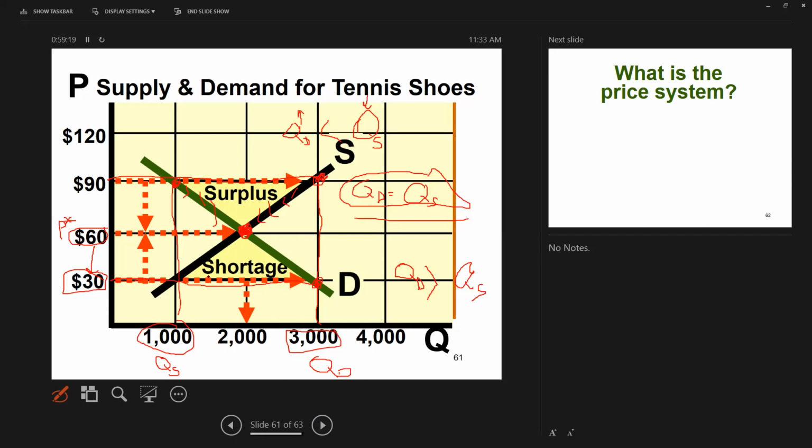And that's called a shortage. People are willing and able to buy more tennis shoes in this case than suppliers are willing and able to offer for sale. Now, on a free market, this shortage goes away, and we know how it goes away. Just think about Auburn, Alabama football games.